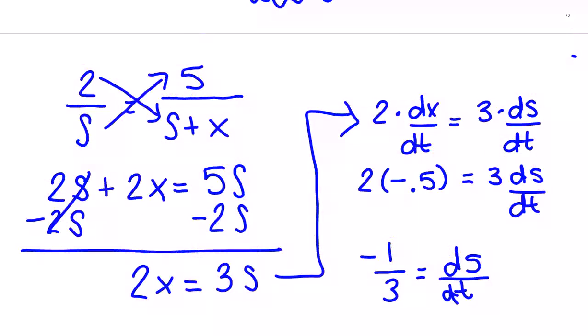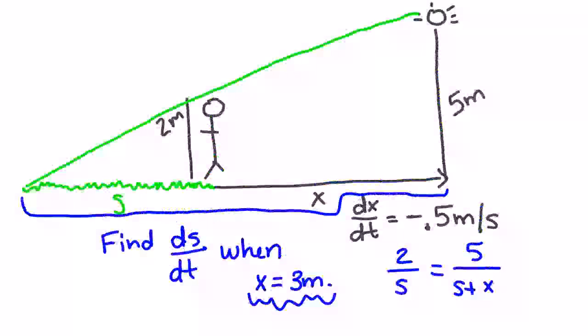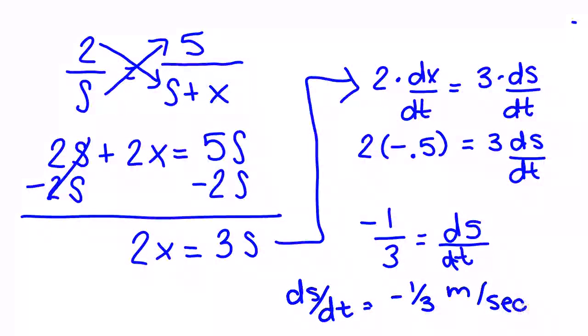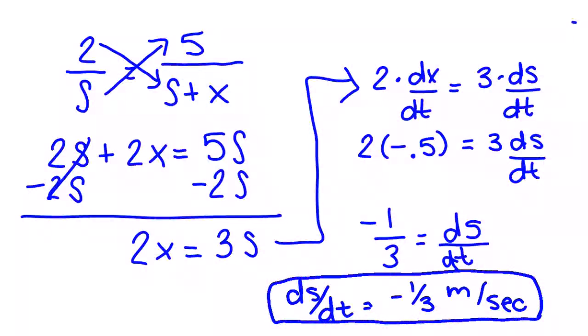The length of the shadow is in meters, and time is in seconds. So ds over dt equals negative 1/3 meters per second. Yay!